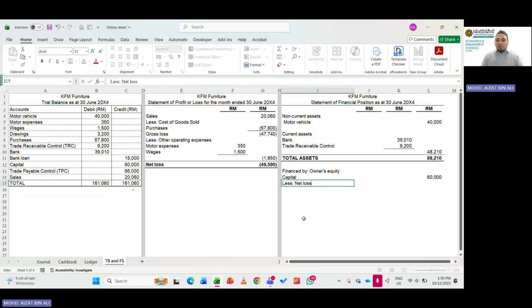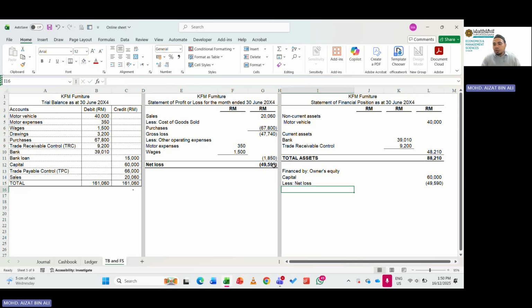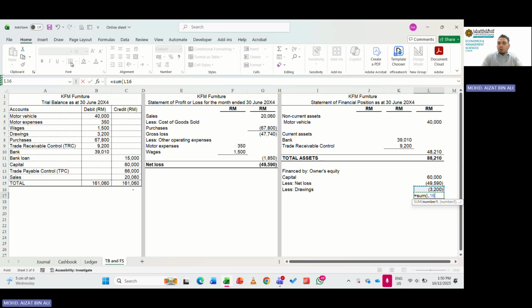If we get net income or net profit, we're going to add those net income, net profit. But here, since we got losses, we are going to minus it. Okay. And also less, we also have drawings, right? Okay, so less drawings. And the amount of the drawings is 3,200 ringgit. Okay. So this would be our total owner's equity.